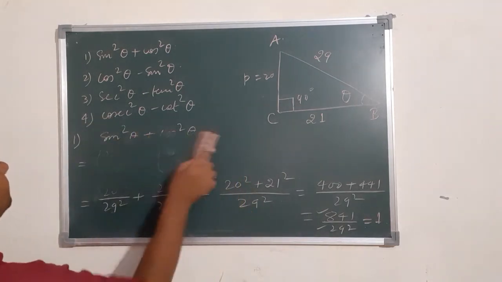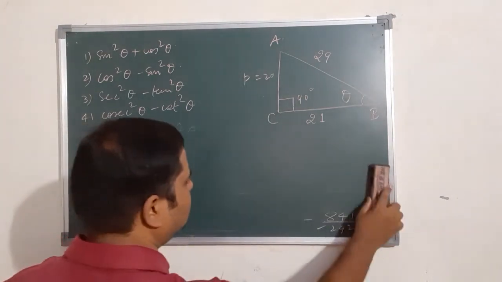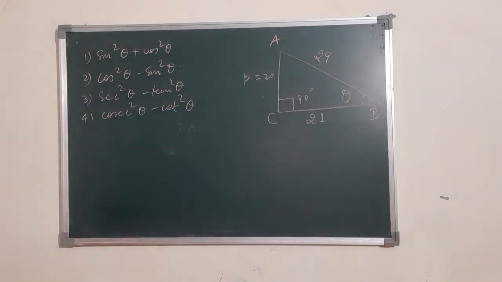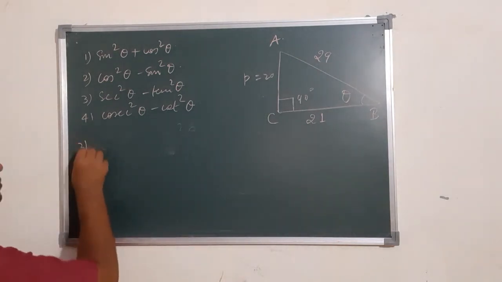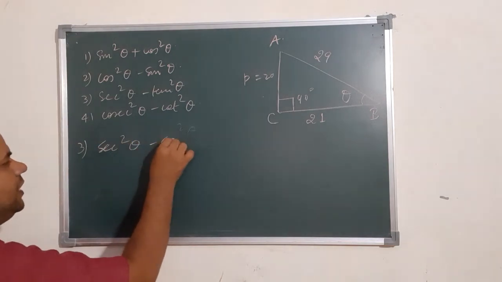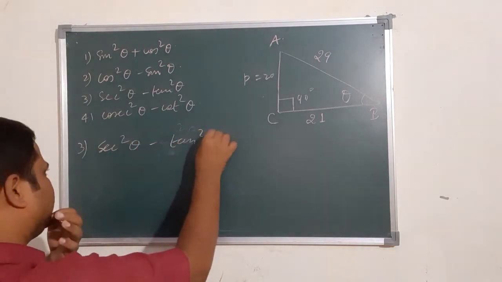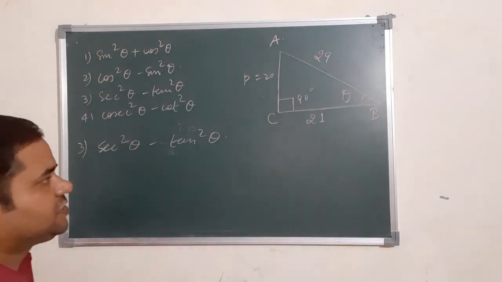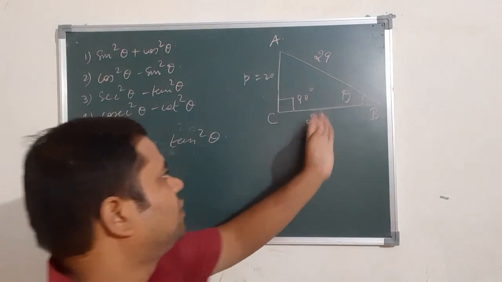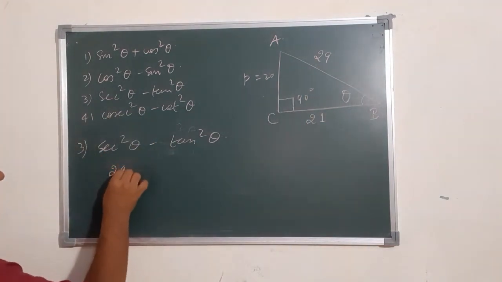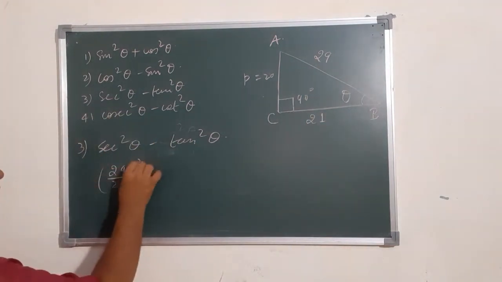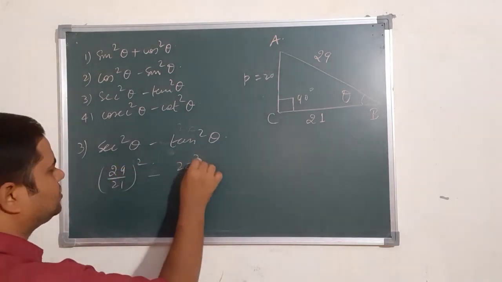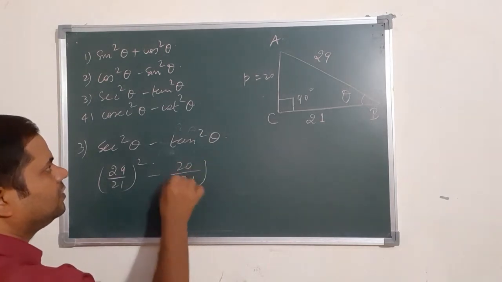Now the next one is the third question. I'm just going to tell you the third question, and then the second and fourth are your homework. So see, sec square theta minus tan square theta. Cos theta is base upon hypotenuse, then sec theta is hypotenuse upon base. So (29 upon 21) whole square, and tan theta is 20 upon 21, whole square.